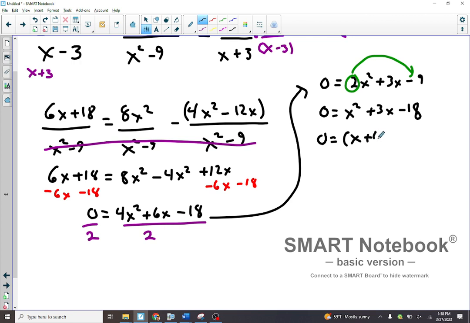Good. x plus 6, x minus 3. So then, remember, I borrowed a 2, so I have to pay back a 2. This is x plus 3. Move the 2 to the front. 2x minus 3 equals 0. You split and solve.